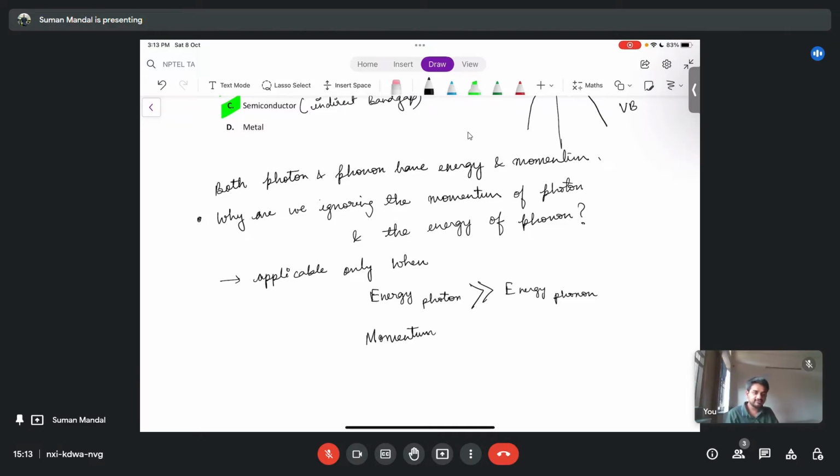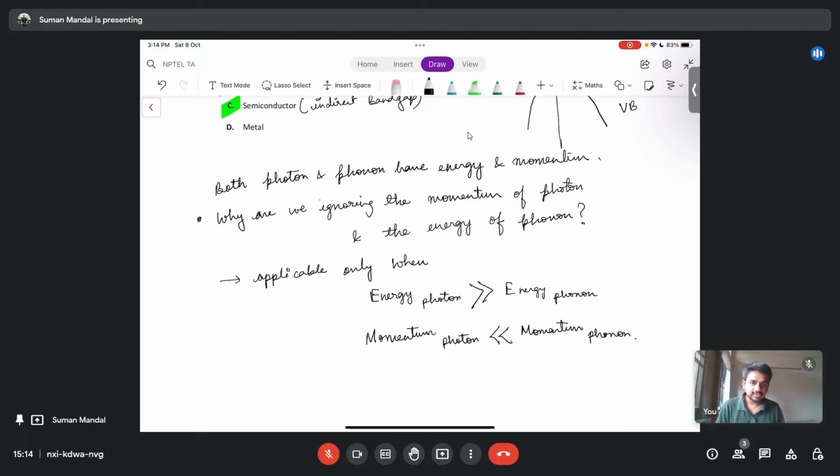In crystalline systems, these momentums are called crystal momentum. It's not the momentum that we have in the case of mass into velocity in the case of classical particles. This is different from that. It's called crystal momentum, but it has the same units as the momentum of classical particles. The momentum of photon must be much smaller than the momentum of phonon.